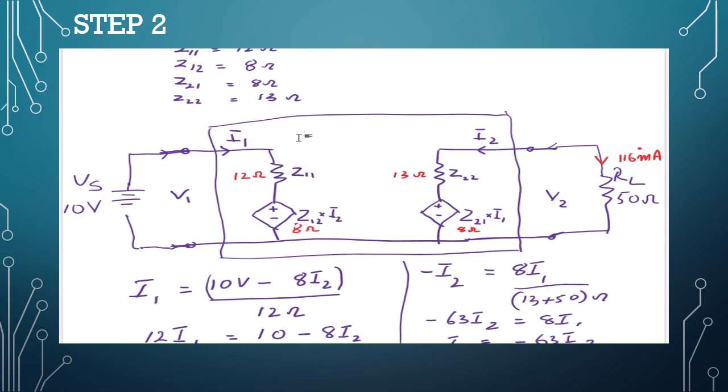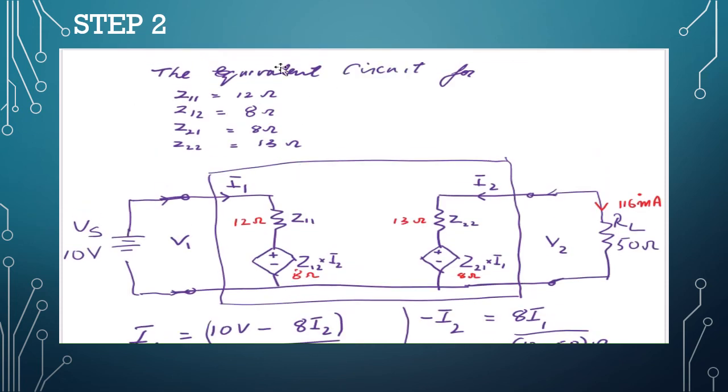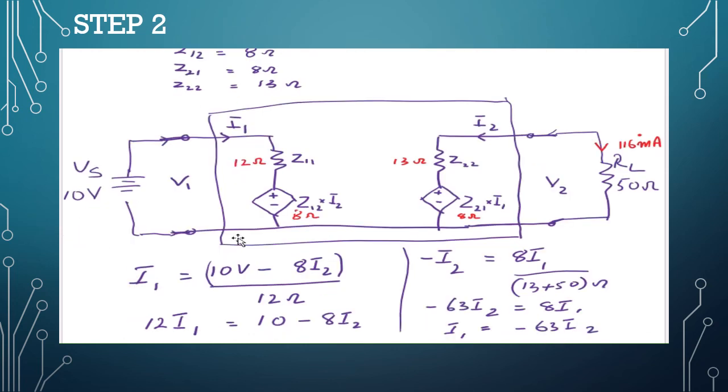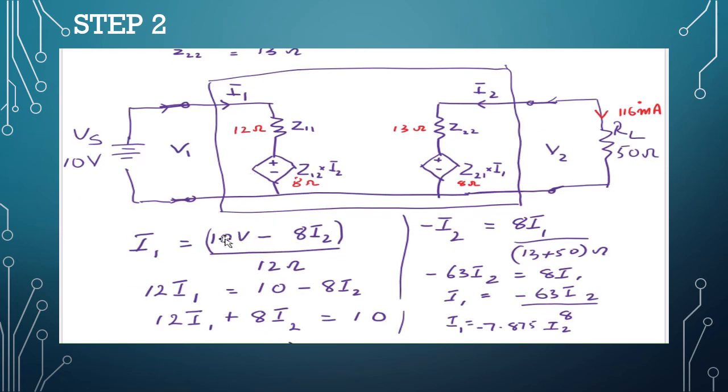Okay, so that's the end of the demonstration of the calculation. So first of all, we found the Z parameters for the original circuit. Then we drew the equivalent circuit. Right? Then we added on the voltage source and the load. We calculated for I1 using port 1. We then calculated for I2 using port 2.